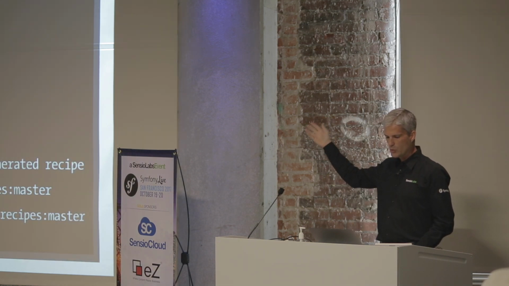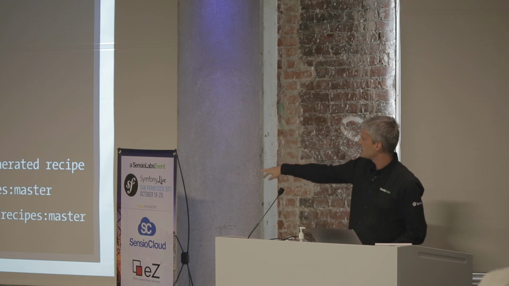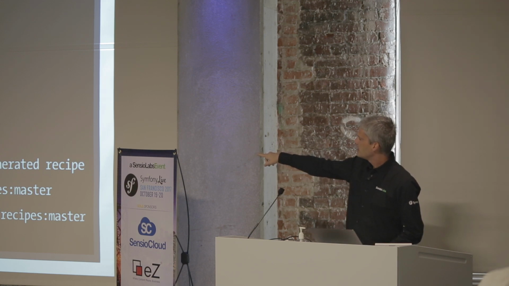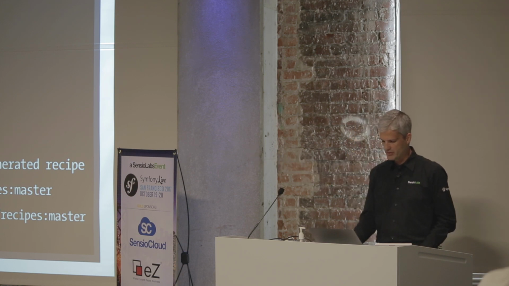So here I require doctrine, and you can see at the end Symfony operations, 3 recipes, and you can see that it configures things from recipes for the last 2, and it auto-generated a recipe for the doctrine cache bundle. So that's Symfony Flex.